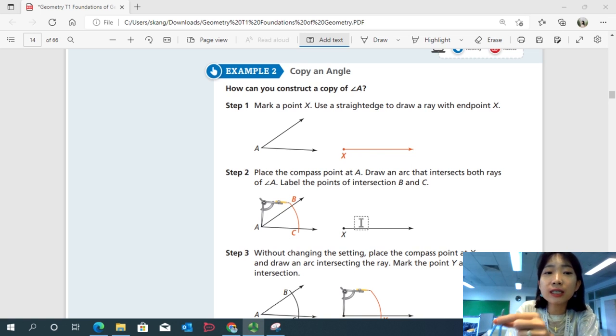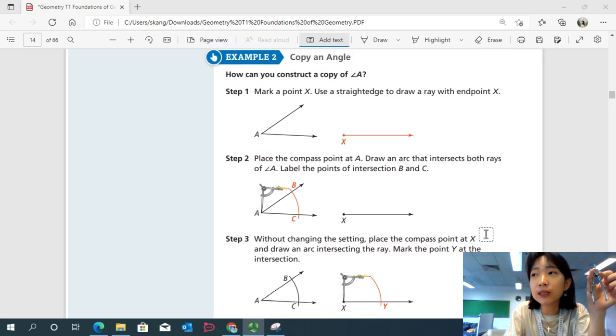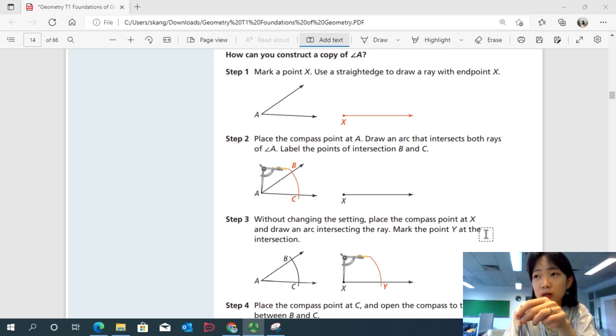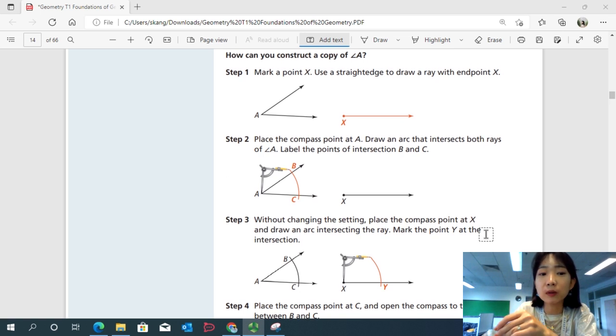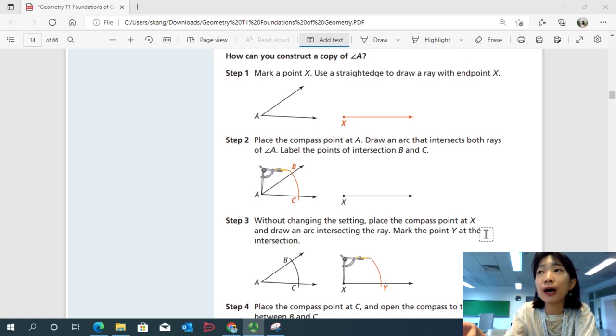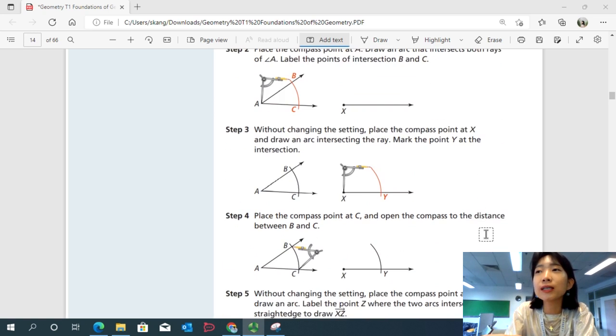Without changing the setting, place the compass point at X, your new point where the ray starts, and draw the same arc. Your arc will be the same, and your intersection point should be Y on your ray. Place the compass point at C, so your center is now on C on the original angle.